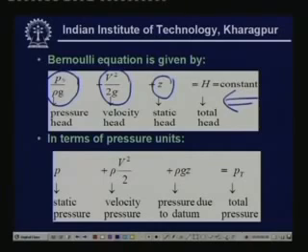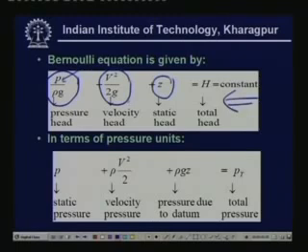And here P is the static pressure, rho is the density and g is the acceleration due to gravity, and v is the velocity of the fluid, and z is the elevation with reference to a datum. So, basically what the Bernoulli equation written in terms of the head says is that the pressure head plus velocity head plus static head between any 2 points in the flow field or between any 2 points on a streamline is constant. That means the total head is constant.